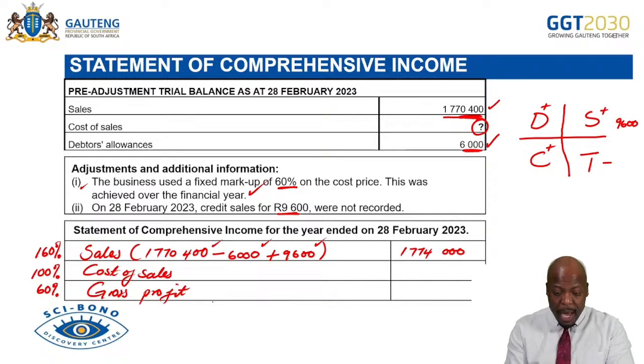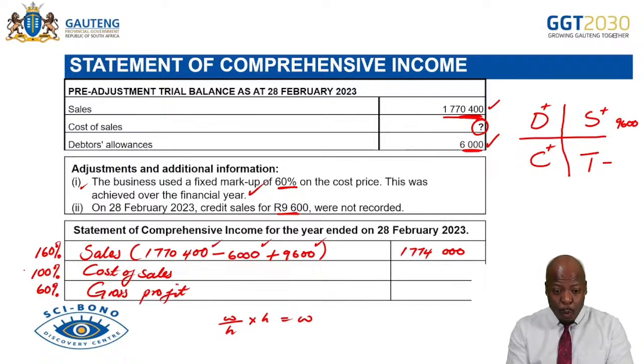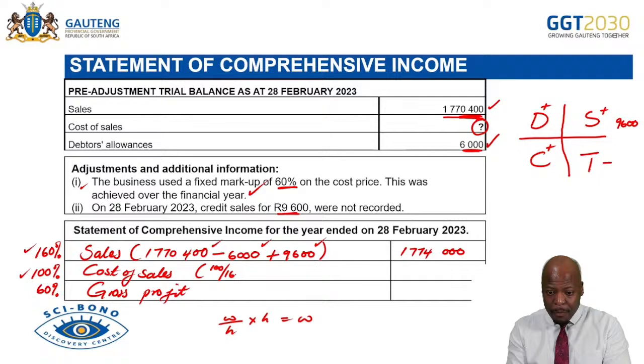1,774,000. And then we now need to calculate what is known as cost of sales. So you just ask yourself, what is it that you want? Remember the UK method. The UK method simply means you put what you want on top over what you have times what you have to give you what you want. What is it that we want? We want 100%. So I'll come here, then I'll say, I want 100%. What do I have? I have 160%.